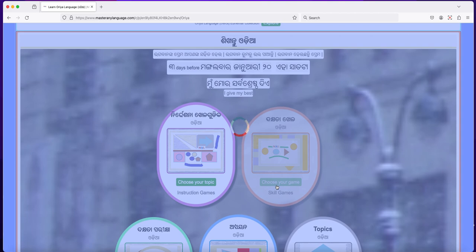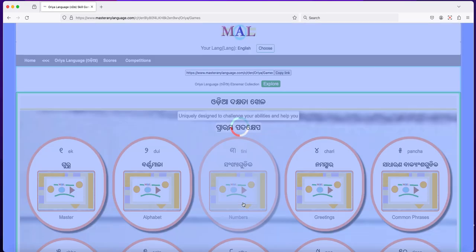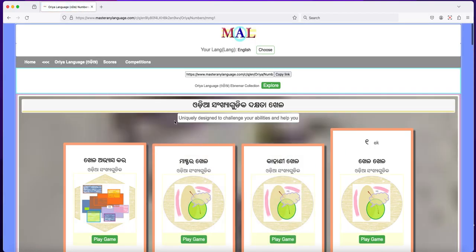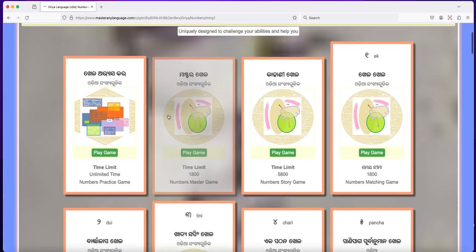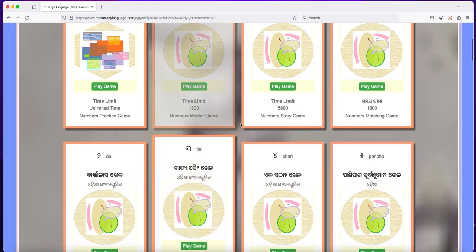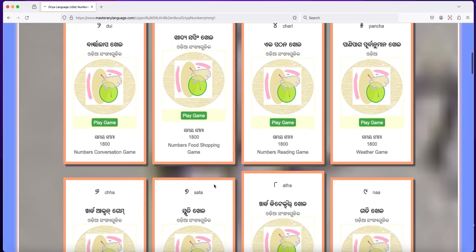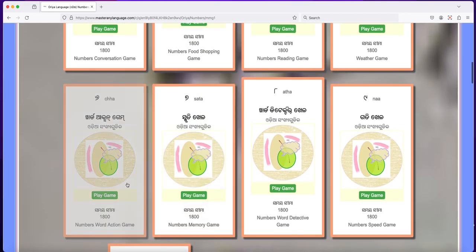Okay, so let's go to skill games. And when that comes up, we'll go to numbers. Alright, so on these numbers, there's a variety of types of numbers games you could play: matching and master, food shopping, weather, memory game, word action.